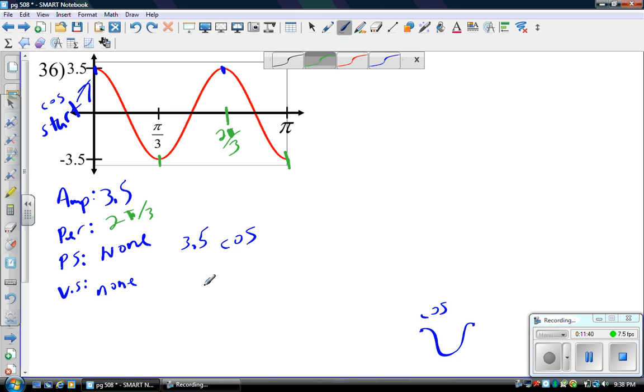I take the normal period of cosine, 2 pi, divided by something has to equal 2 pi over 3. Don't overthink this. Just take a step back and look at this. 2 pi over something, 2 pi over 3. The number has to be 3. So that's what goes in there, 3t.